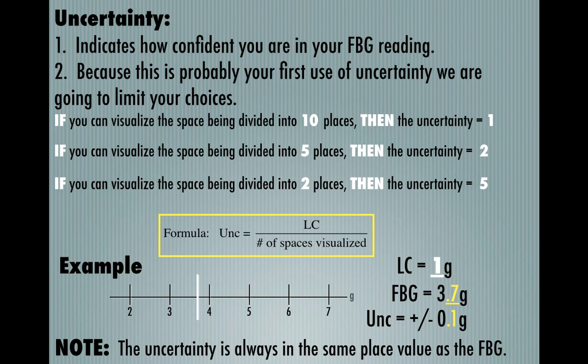And if you think about the definition of the word guess, guess means you're uncertain to some degree. So it makes sense that the uncertainty, how confident you feel in your guess, is going to be in the same place value as your guess. Okay, so there is that. We'll do some more. So notice, first best guess is one place value to the right of the least count, and the uncertainty and the first best guess are in the same place value. All right.